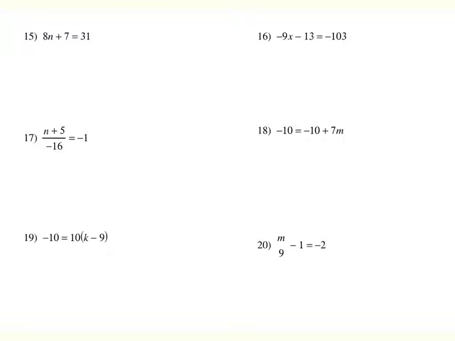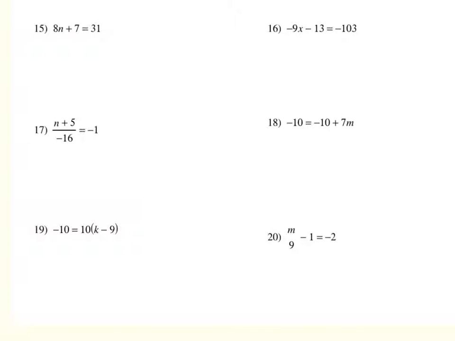Continuing with number 15, I'm going to balance. To put a balance, I'm going to subtract 7 from both sides. This side cancels, leaving me 8n is equal to 24. And then I'm going to divide both sides by 8, giving me n is equal to 3.